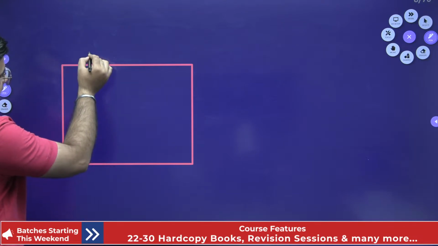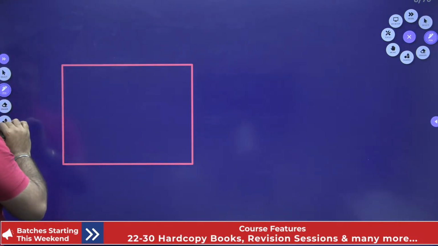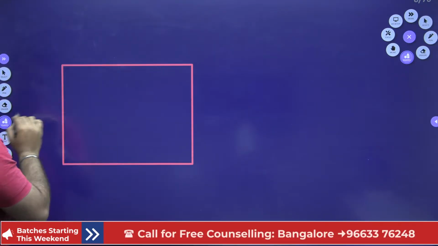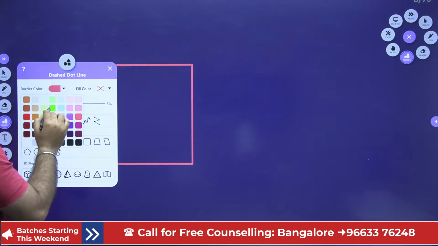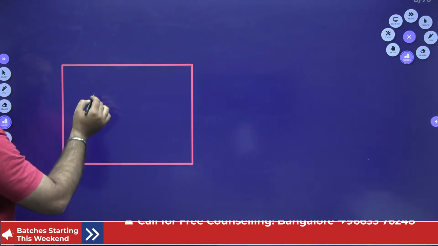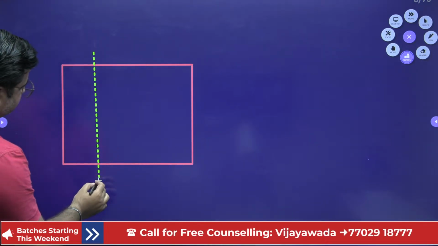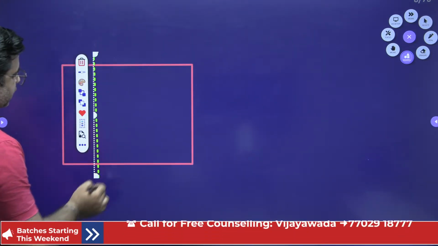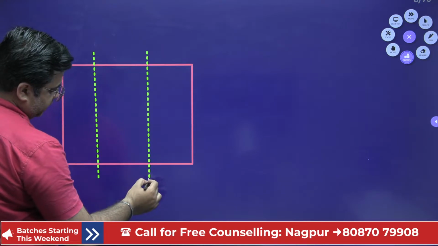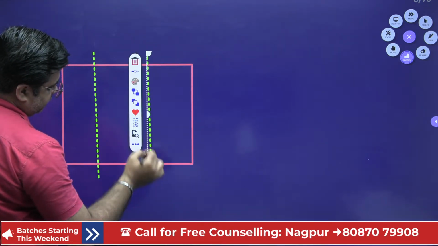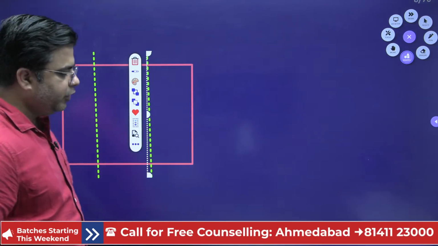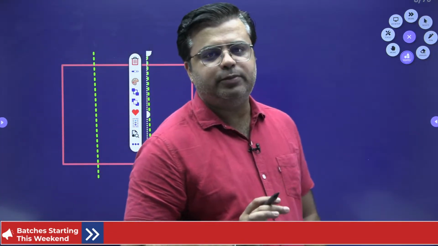As you can see here, for this body at different places, this is my one cross section, right? This is my another cross section like this. And till now, no loading is done over this beam.